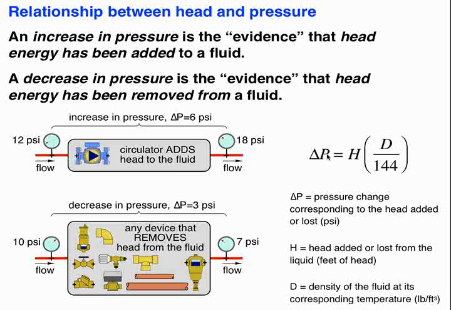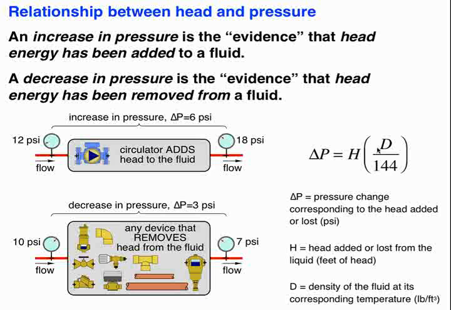If we're dealing with heated fluids or fluids other than just water, such as an antifreeze mixture, we need to know the density, and the density is dependent on the temperature. So we need to know approximately the average fluid temperature in the system, look up the density, and then divide by 144, and then we can easily convert between delta P and head.